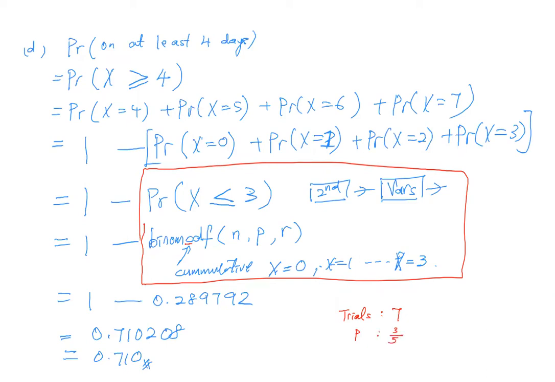X value, you put 3. Then you paste into your calculator, correct? Then it comes out like this: 7, 3/5, then 3.